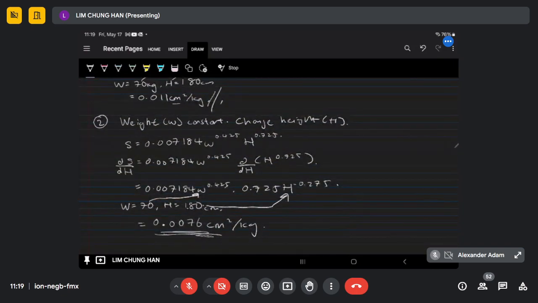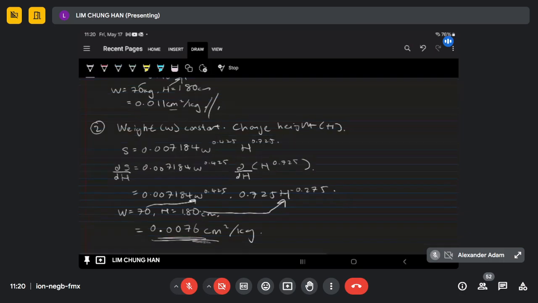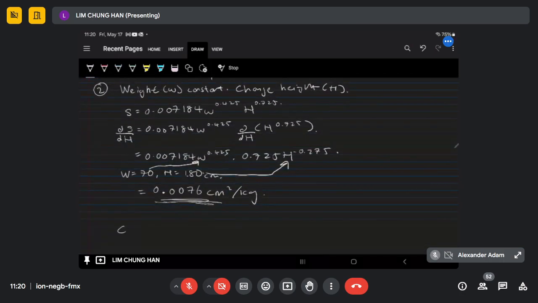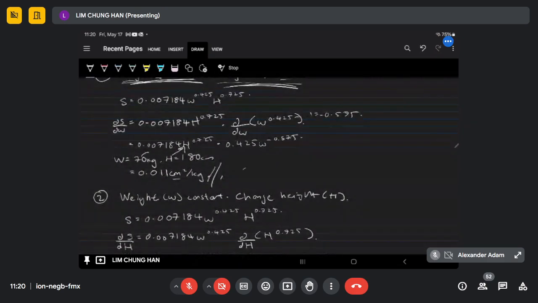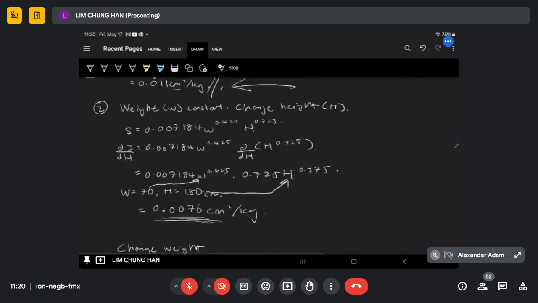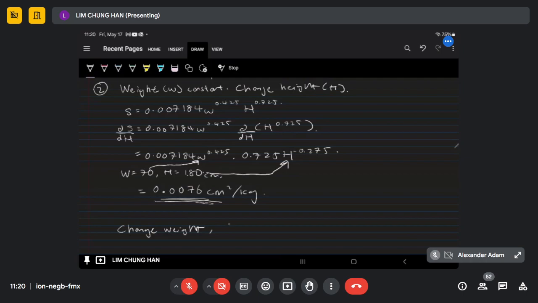Okay, so now we have the two answers. When I change weight, which is the first one, the skin area will change by 0.011.